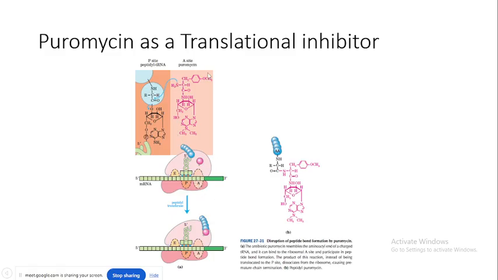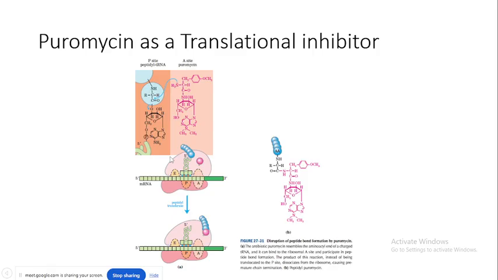Now in the A site, this puromycin, which is an analog of the aminoacyl-tRNA, will come and bind. Then, the carboxyl terminal of the amino acid in the P site will be attacked by the amino terminal of puromycin, the nucleophilic atom. Then there will be formation of this bond, and the bond between the tRNA and this polypeptide chain will be broken.